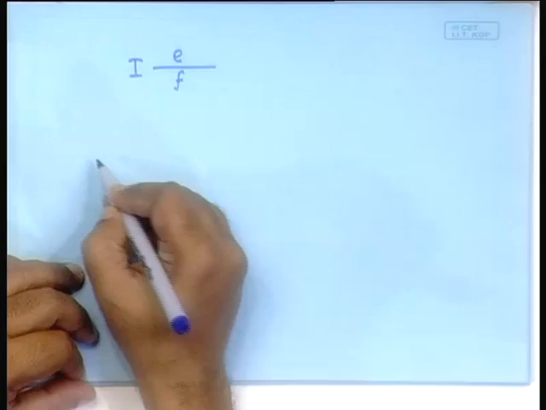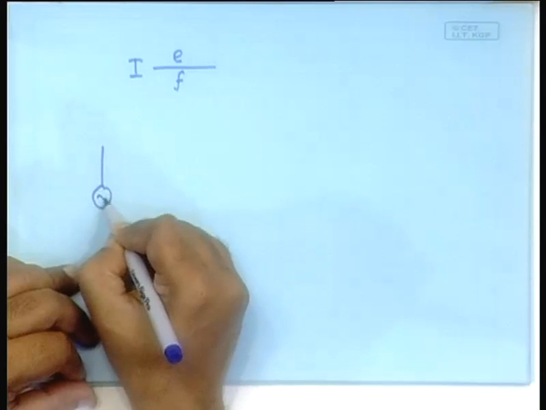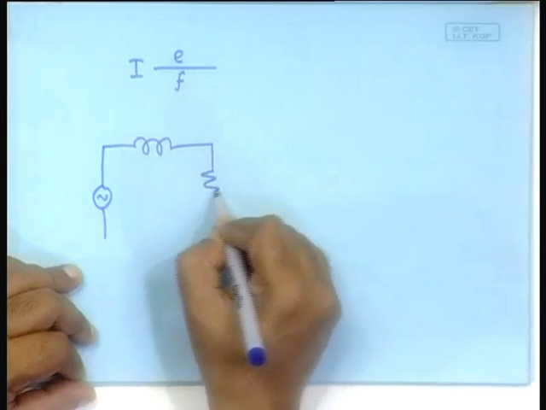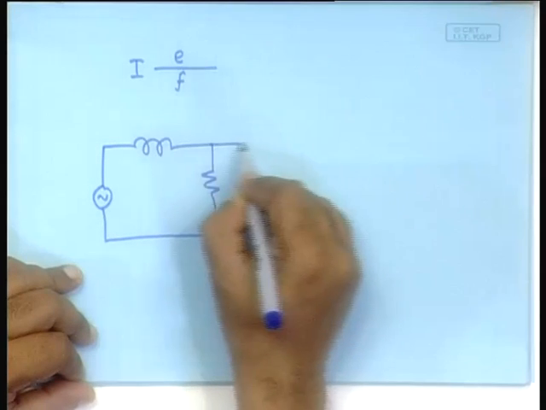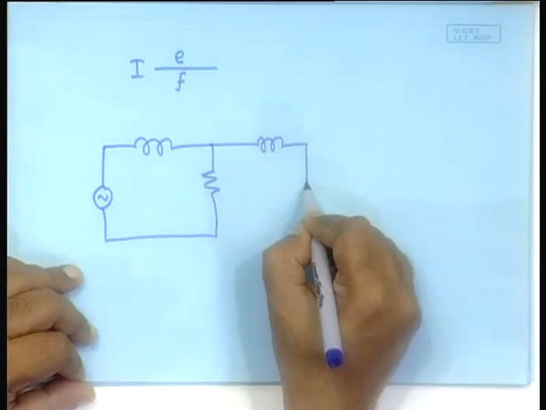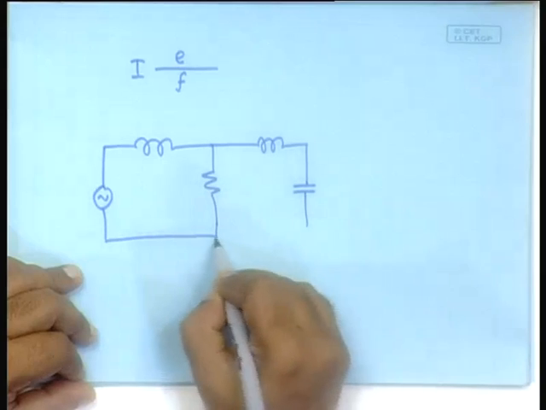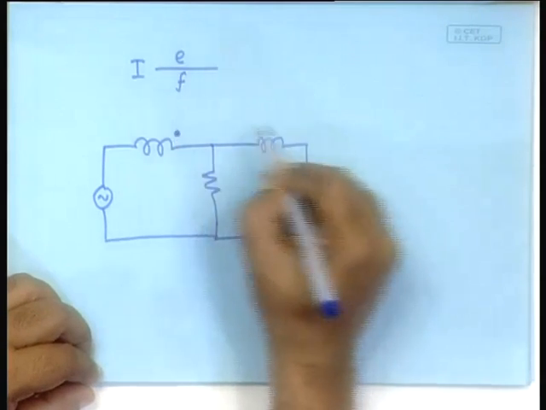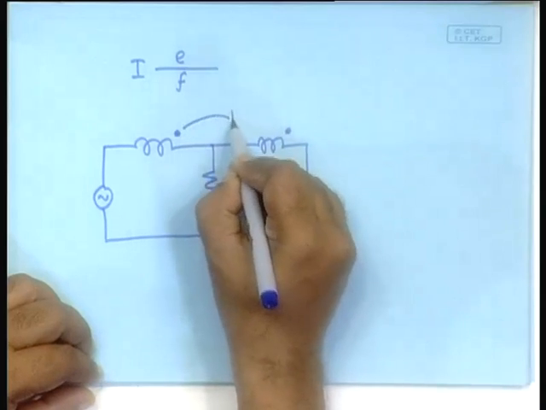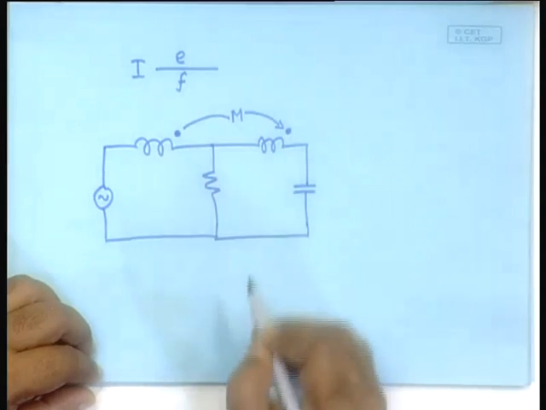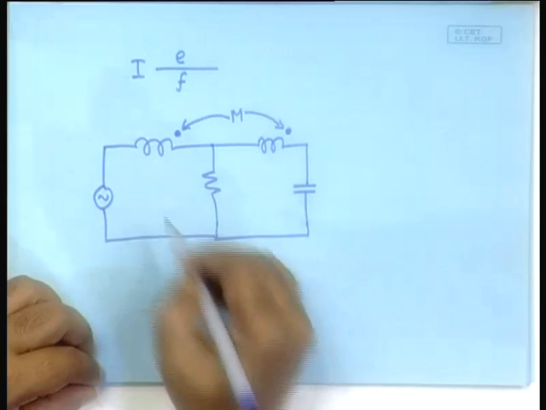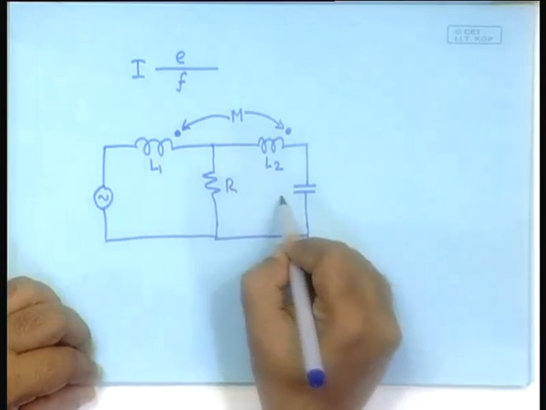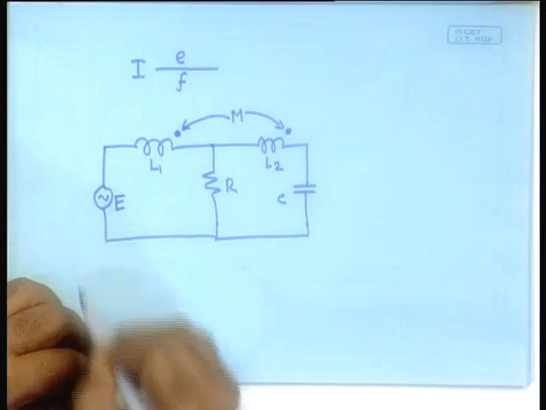Take a circuit, say you have a source and an inductor and a resistor here, and this is another inductor here, and imagine that there is a coupling between them. So, this is L1, this L2, R, C, E.